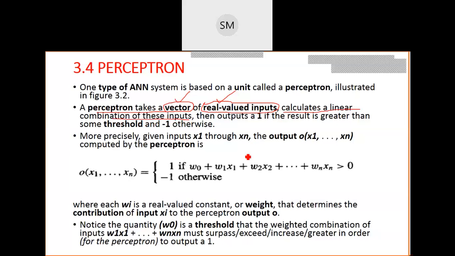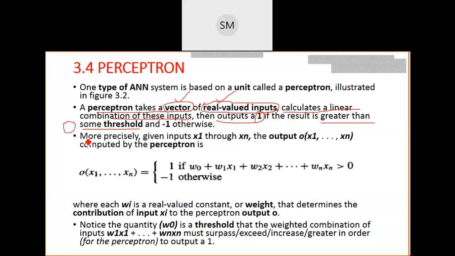Then it calculates the combination of these inputs and gives us an output of plus 1 when that result is greater than some threshold value. That threshold value we have assumed to be 0 here.